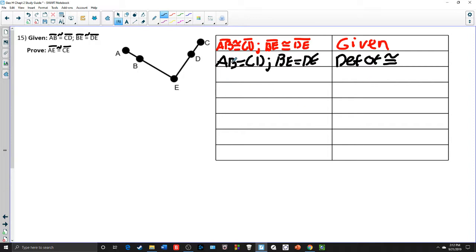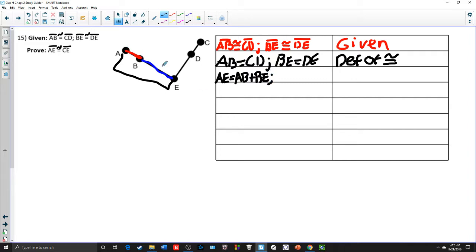So now I have an equality, and as I said, if I want AE, I probably want to talk about its pieces here and here. I want to show it broken up into pieces. So I'm going to go ahead and write that. I'm going to say AE is equal to AB plus BE.